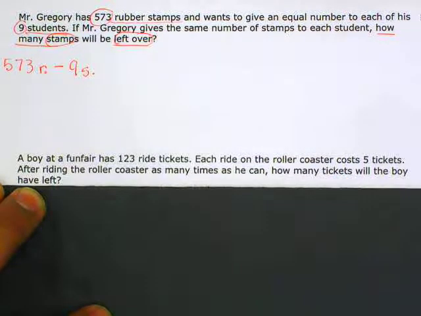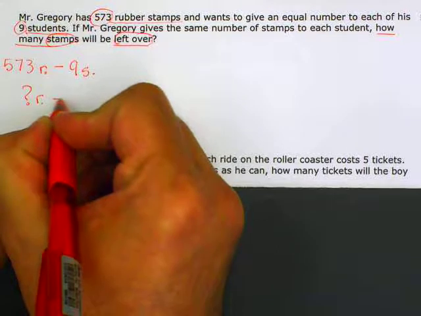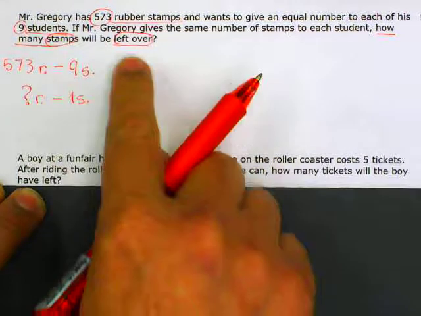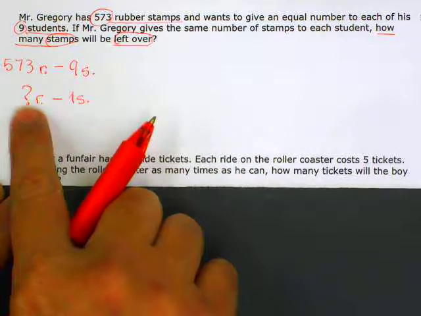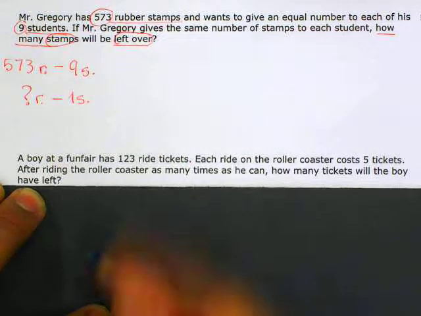I need to find how many stamps I'm going to give to one student, or to each student. Before I can figure out the leftover, first of all, I need to know how many rubber stamps each student is receiving.